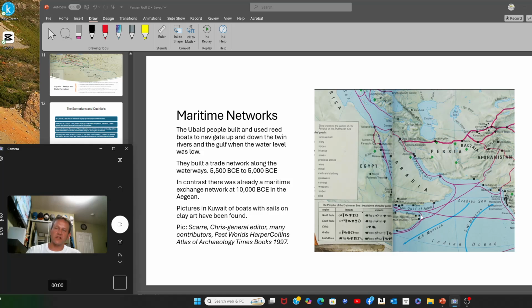They had boats that they were using, and they were going around from Africa into the Persian Gulf and through the Red Sea and up into Greece at 10,000 BCE, right? I want to emphasize that point.